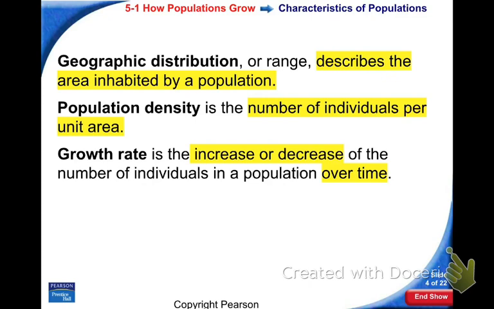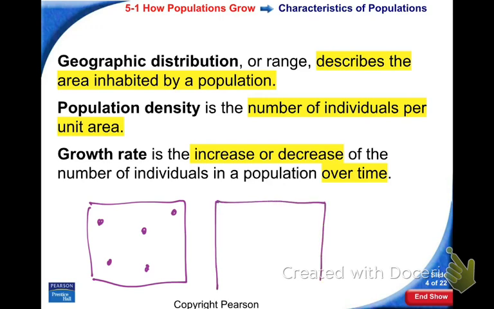Okay. Population density. This is a measure of how many individuals you have in an area. If this is your area where your population is found, would you say that this population is very dense as compared to this one? Right?